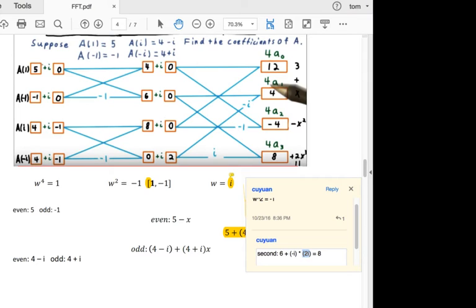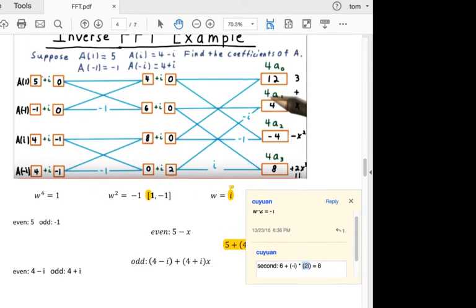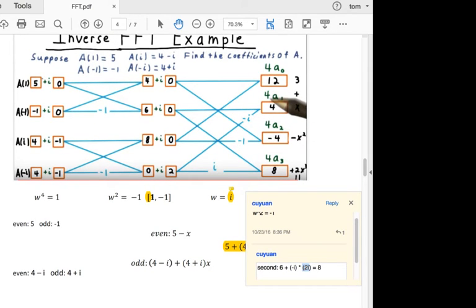Did he fix 2 i's in the middle? Two i's. Where is the 2 i? Here. Yeah, here is 2 i's.